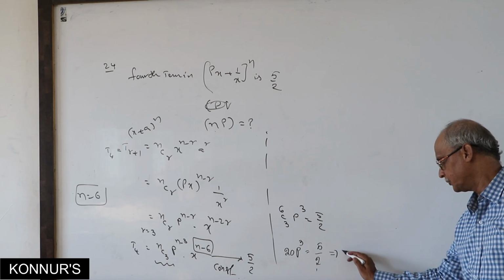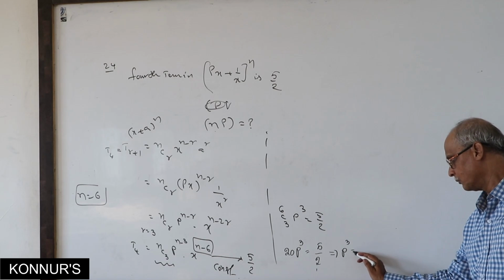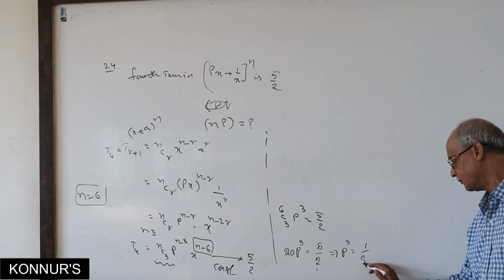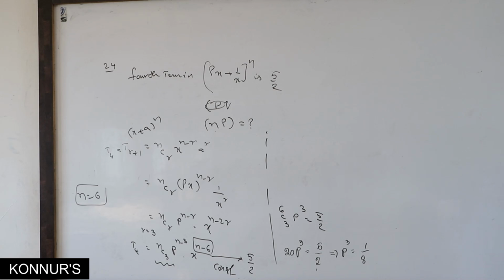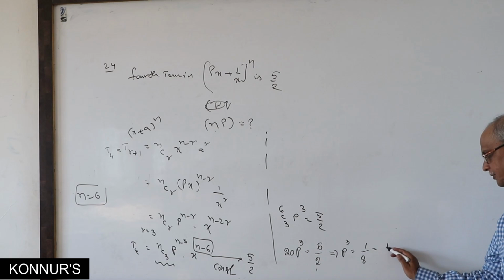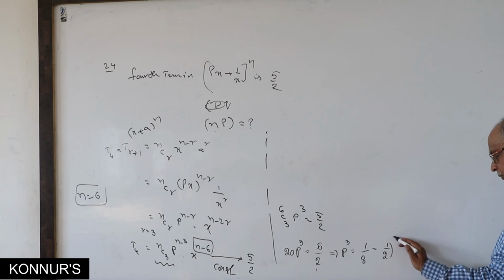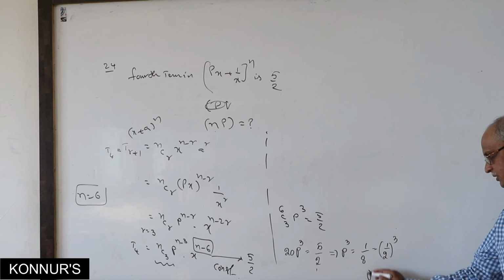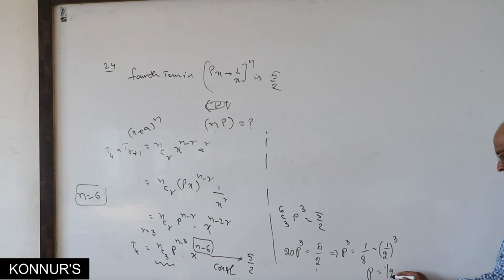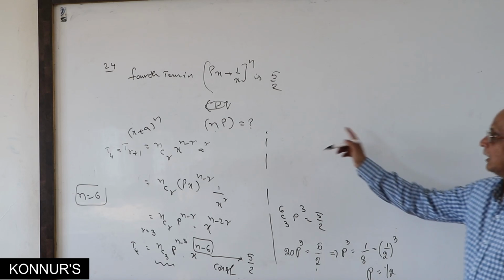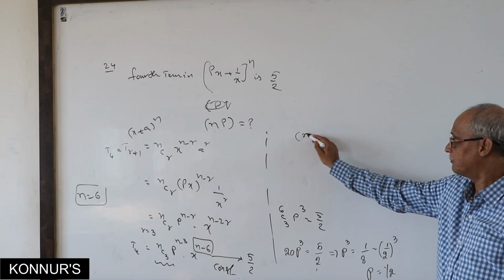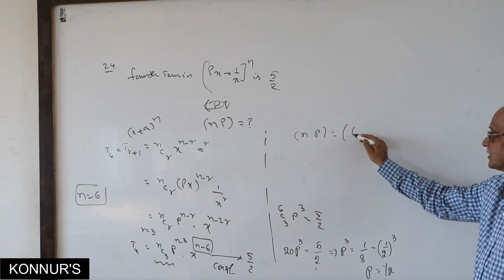P cube is equal to 1 by 8. 5 cancel 4 times. 1 by 8 means 1 by 2 cube. Hence our answer is, therefore order is here n comma p: 6, 1 by 2.